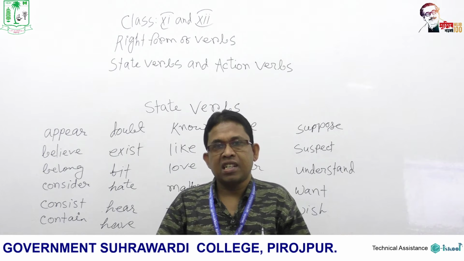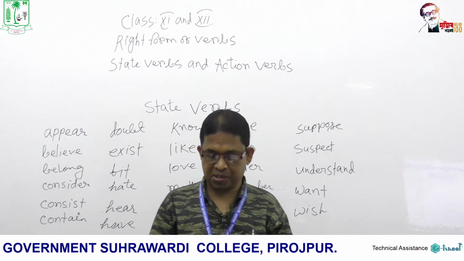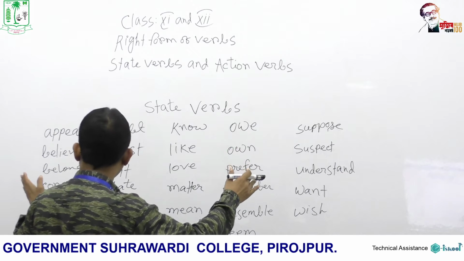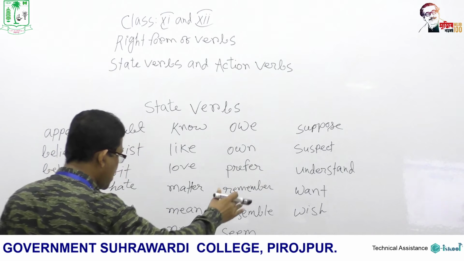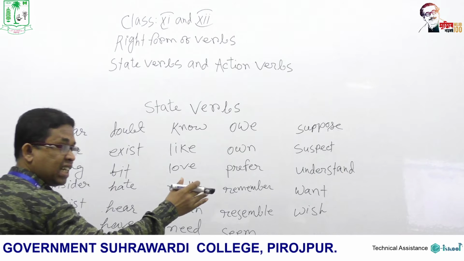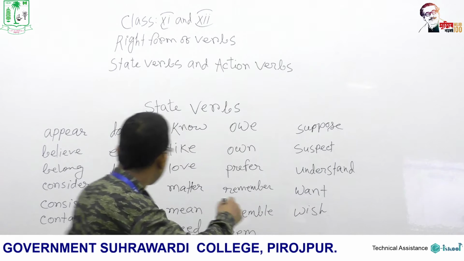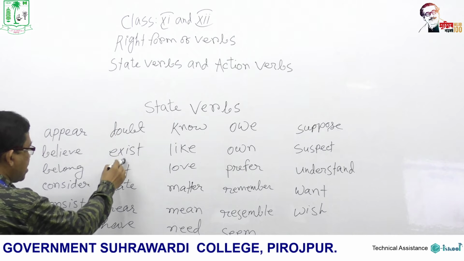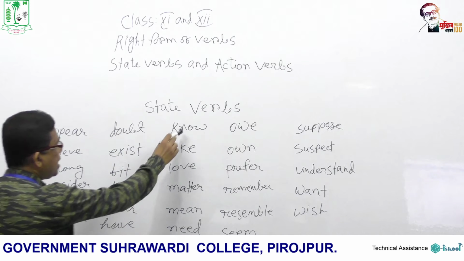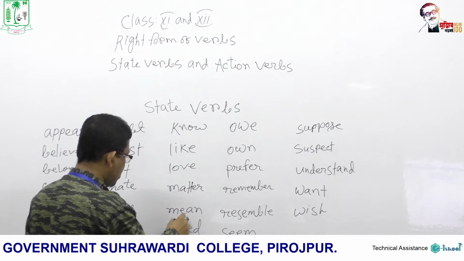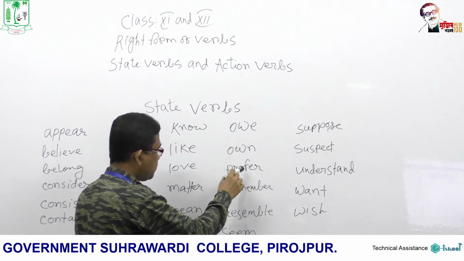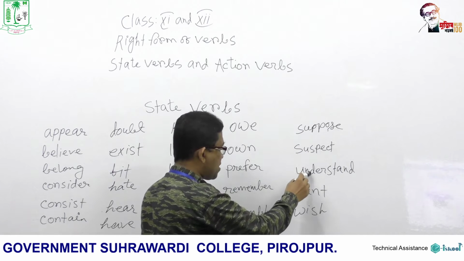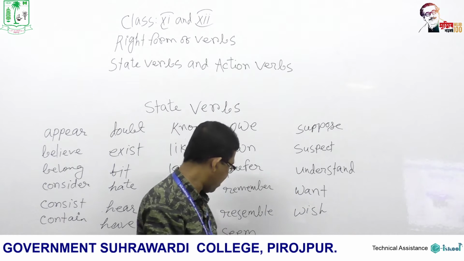State means state, conditions. I have written some of the state verbs here. How many verbs have I written here on the board? If you can count, let me count. 1, 2, 3, 4, 5, 6, 7, 8, 9, 10, 11, 12, 13, 14, 15, 16, 17, 18, 19, 20, 21, 22, 23, 24, 25, 26, 27, 28, 29.